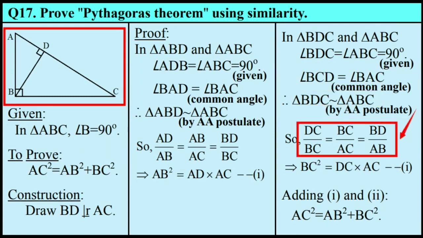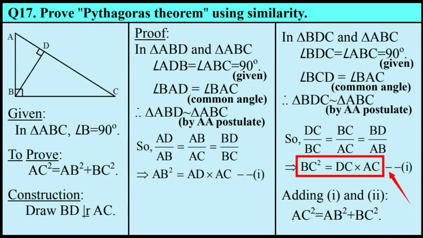Here is the proportionality of the corresponding sides of the triangles BDC and ABC, and cross multiplication is done in between the first two ratio in this proportion, and finally the result obtained is BC square equal to DC into AC, and that is equation number 2.